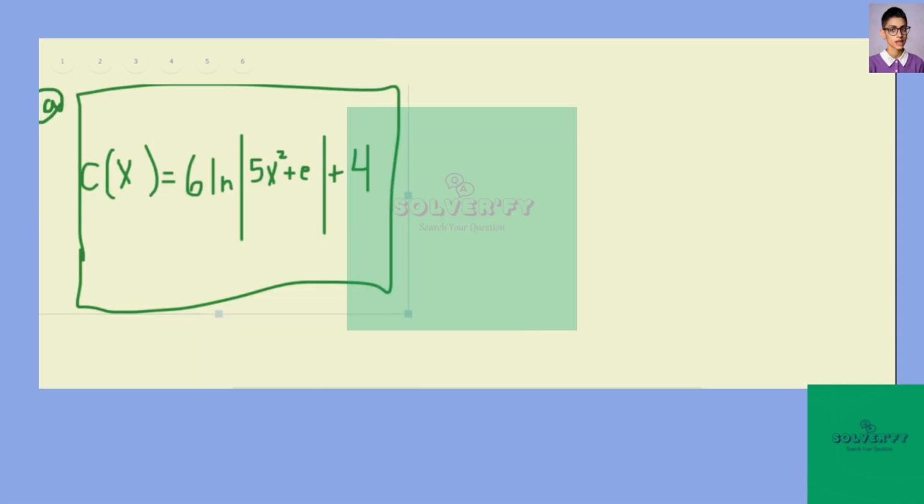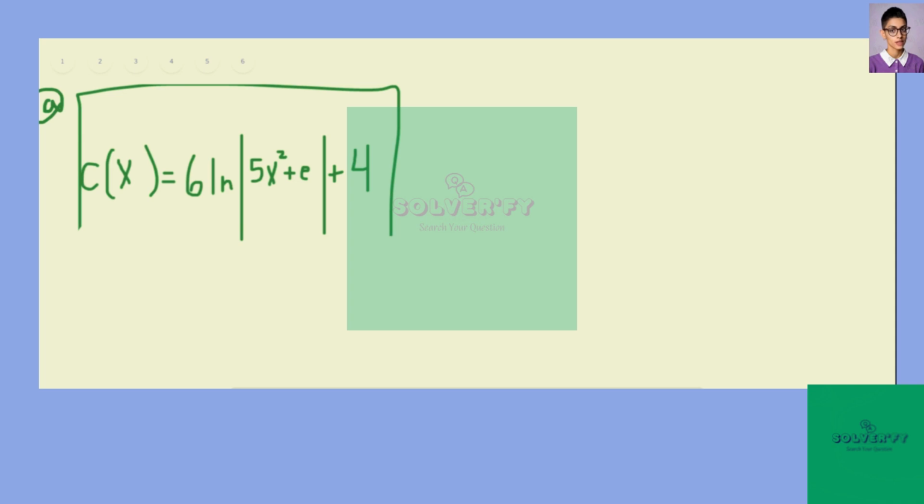And for part B, we have a different value. So it asks us what happens if you produce 5 units instead of 0 units, and it'll cost $20,000. So we just use the same equation from part A, and instead of plugging in 0 for x, we're going to plug in 5.